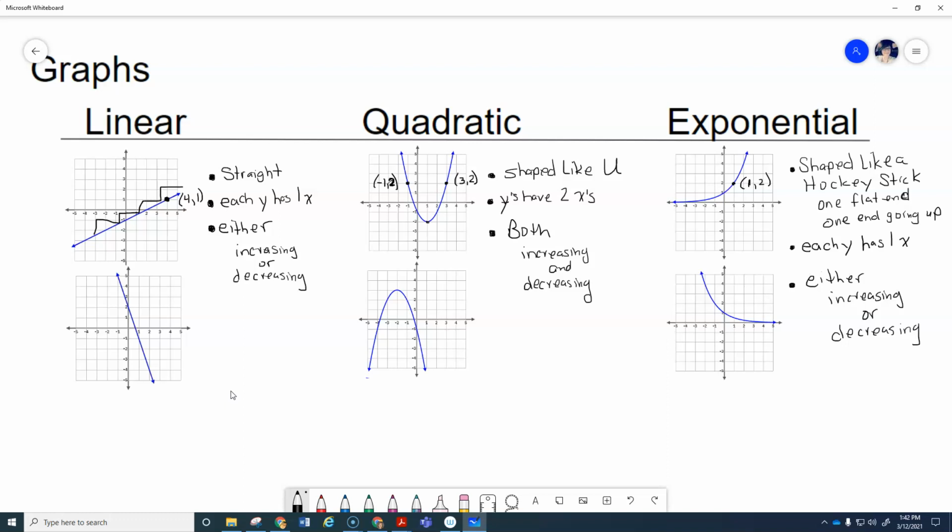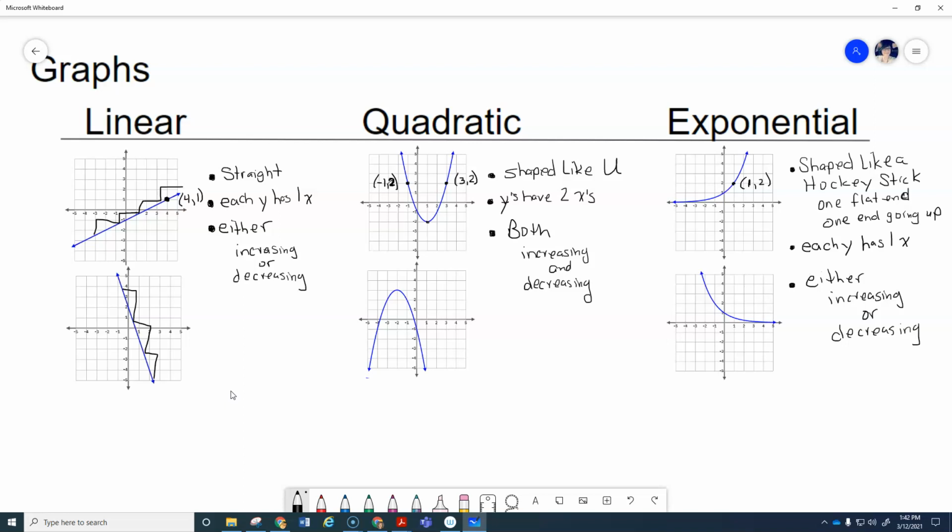This one right here, as we move to the right, we're going down, so this one is described as decreasing. Same as this one over here. As I move to the right, I have to go up to stay on my graph. On this one right here, as I move to the right, I have to go down to stay on my graph. So you have to be either increasing or decreasing if you're a linear or an exponential function.